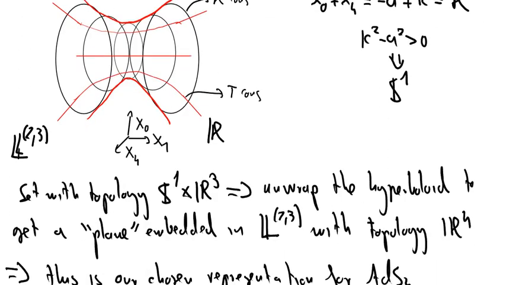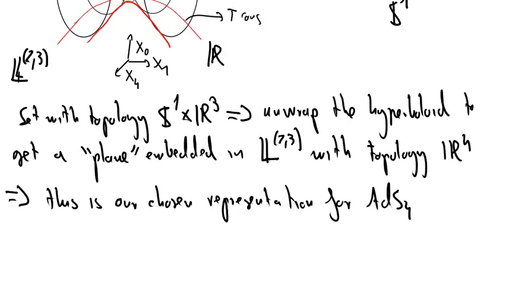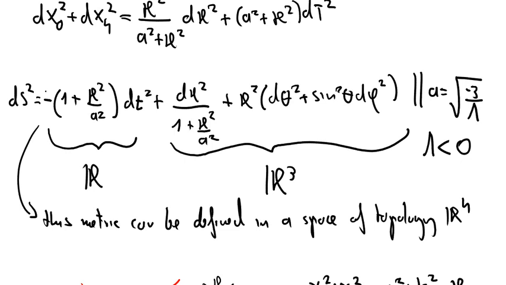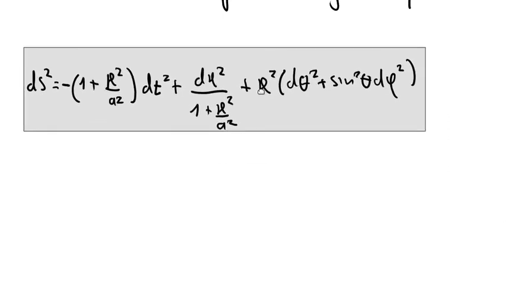It's just doing some coordinate transformations until we find an expression of the metric which enables us to construct a conformal embedding. Let me just first take the expression of the metric for anti-de Sitter and bring it here. Okay, so that's what we have.